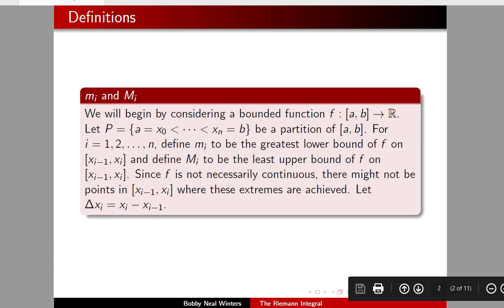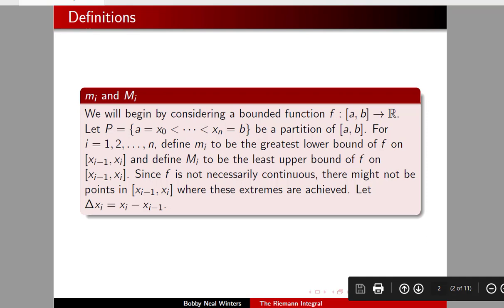We begin by considering a bounded function f on a closed interval from a to b into the real numbers. We let P be a partition of the closed interval [a, b], with the standard notation.